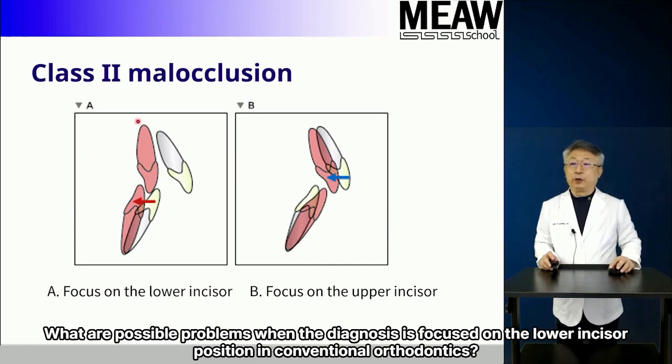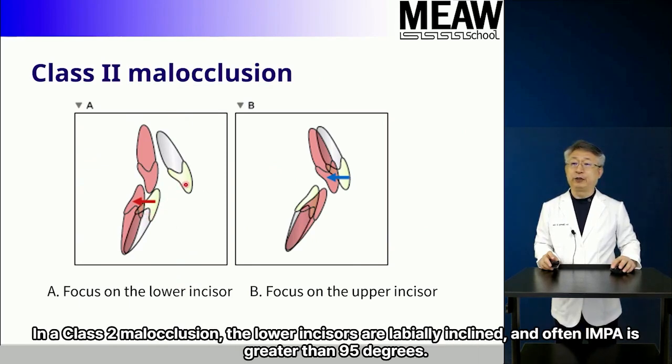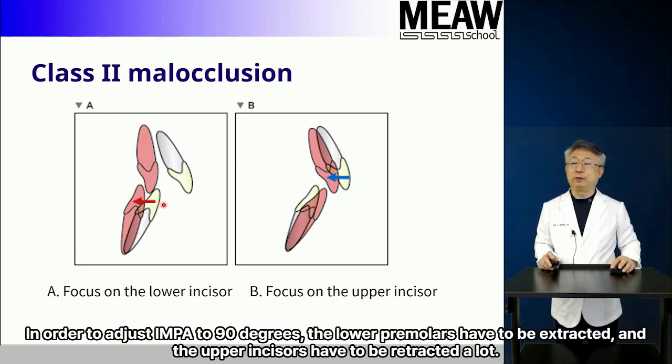What are possible problems when the diagnosis is focused on the lower incisor position in conventional orthodontics? In a class 2 malocclusion, the lower incisors are labially inclined, and often IMPA is greater than 95 degrees. In order to adjust IMPA to 90 degrees, the lower premolars have to be extracted, and the upper incisors have to be retracted a lot.